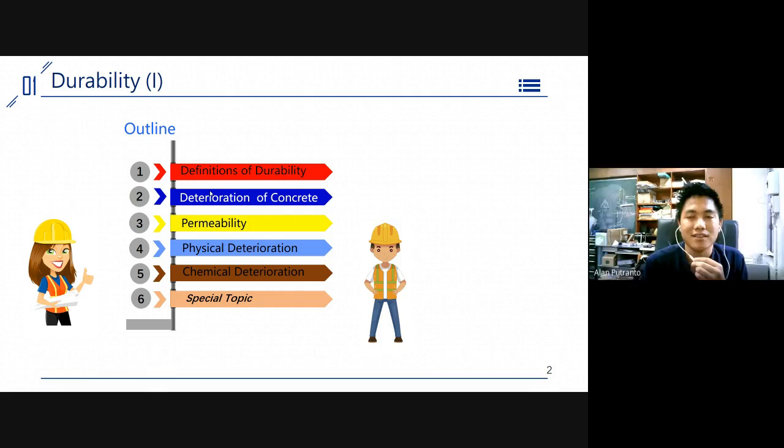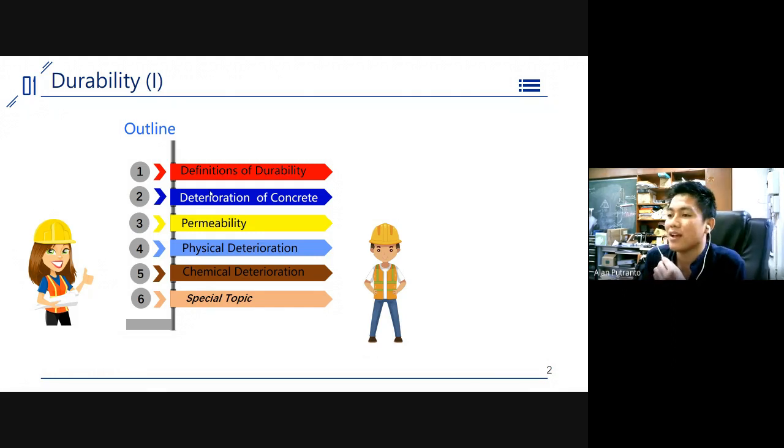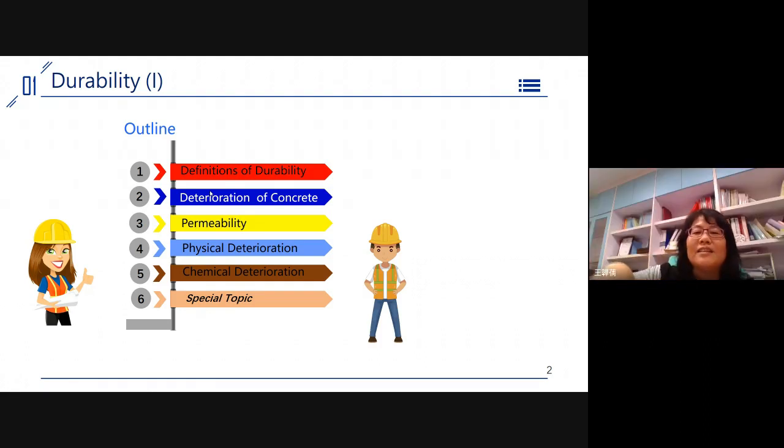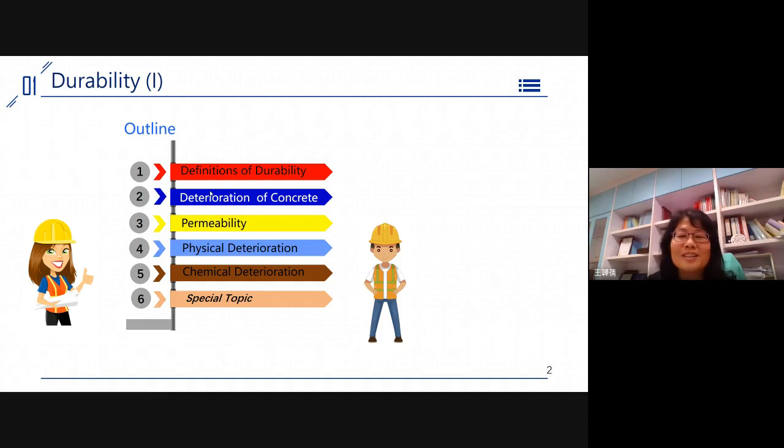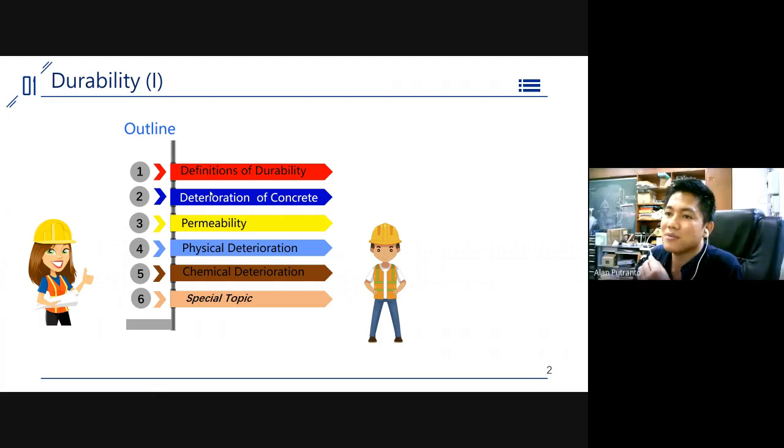The next one, as I promised in the early meeting, is a special topic about non-destructive testing.